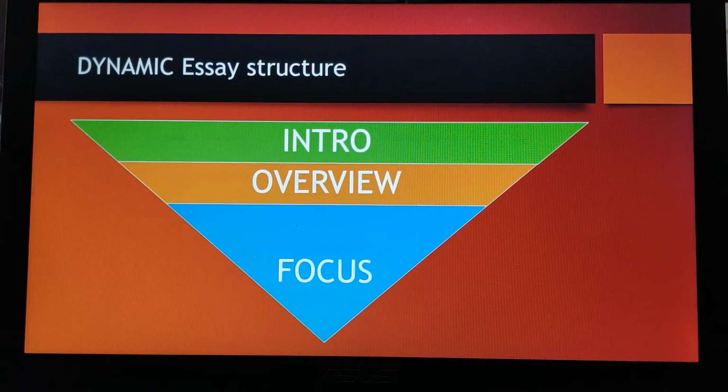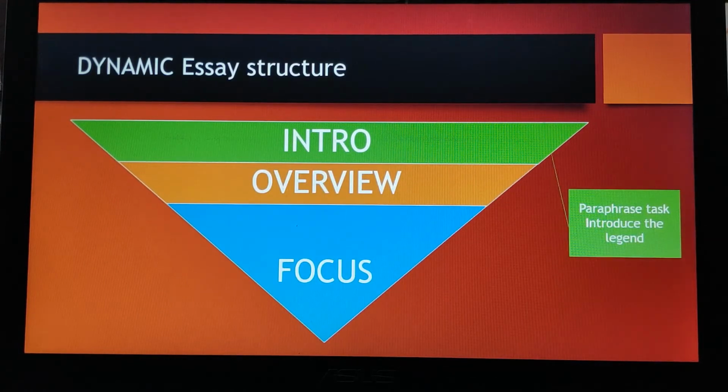Introduction. In the introduction you just paraphrase the task and introduce the legend. Legend means the type of data. I mean the numbers, the percentage, or what the x-axis shows, or the y-axis shows, or what kind of table it is.